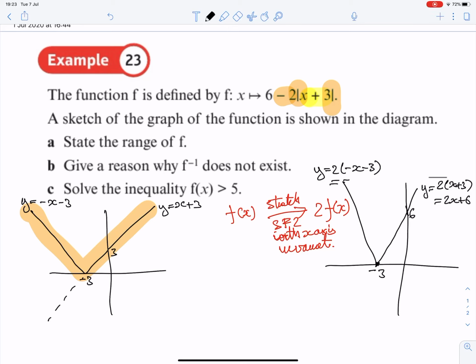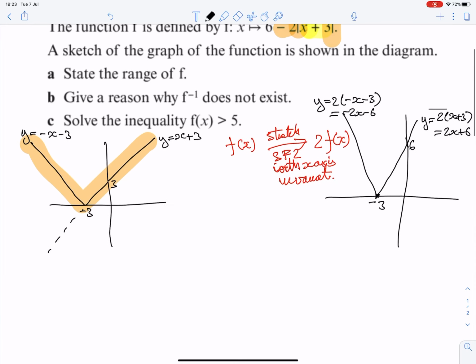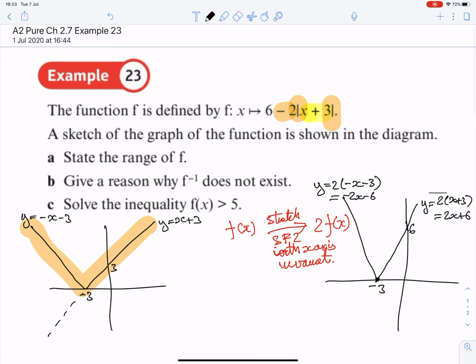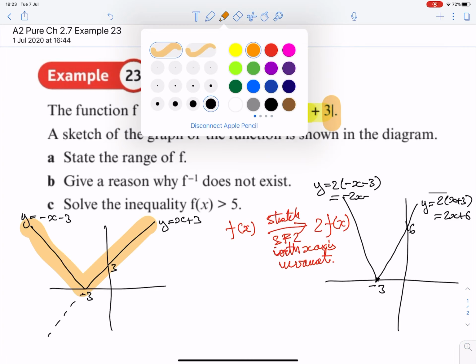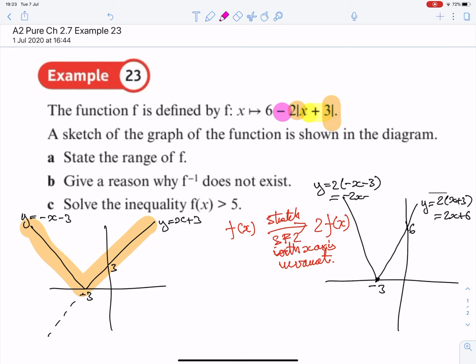Multiply it by 2, we get minus 2x minus 6. Okay, next step is to change the sign. Right, so I've actually got a little bit ahead of myself up here. We just multiplied by the 2 last time, so we're now going to deal with the minus sign.